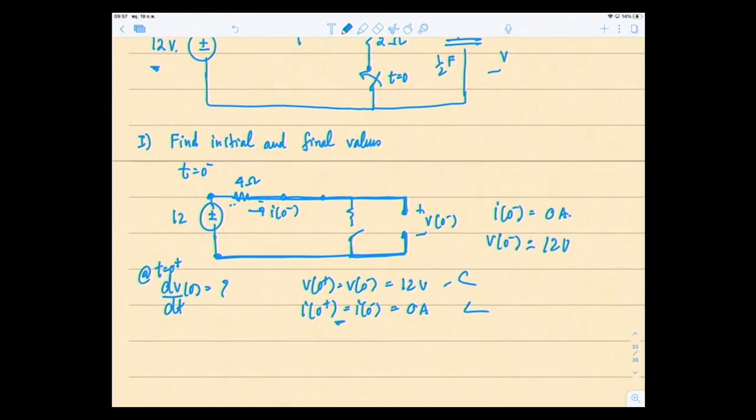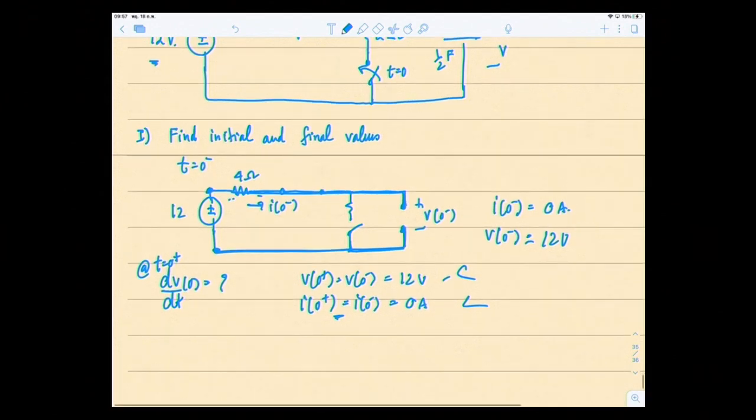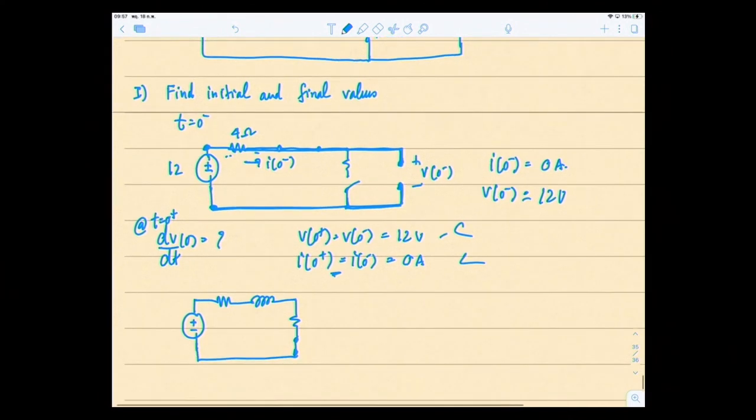Then we have to find dV/dt at 0. So at t equals 0 plus, let's look at the circuit. The switch is already closed, and we have a capacitor like this, and this is my I, and this is, of course, V. We have a current going through here, IR and IC.